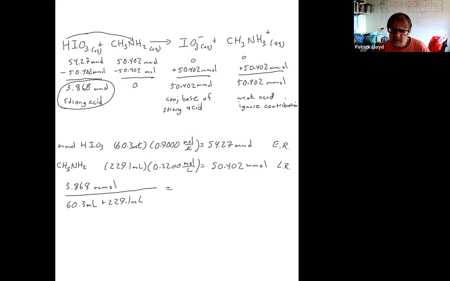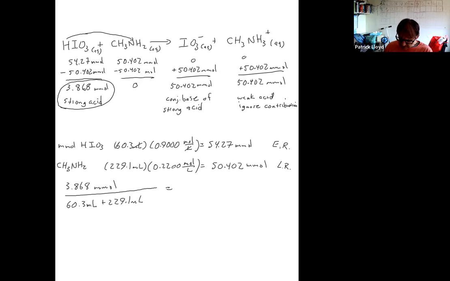If we take the amount of the HIO3 that's left over, the iodic acid, and divide that by the total volume, that will give us the concentration of the iodic acid that's left over after the reaction has taken place. If we have that concentration, we can also say, well, it's a strong acid, so the hydronium concentration will be the same as that strong acid, right? Again, this is all material from chapter 16.